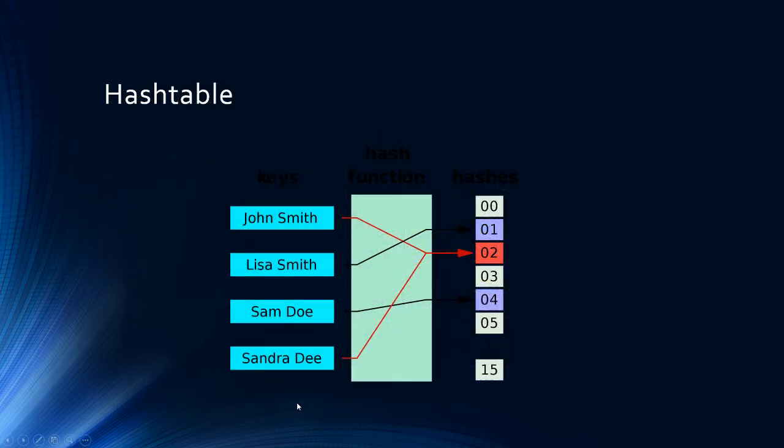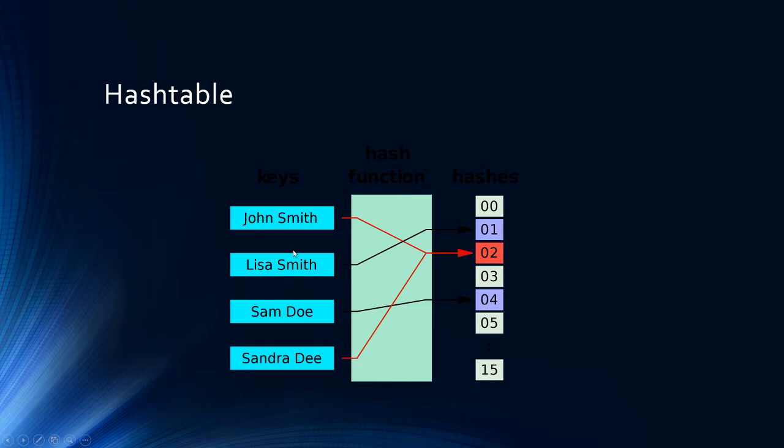Now another data type that can be important to us is called a hash table. A hash table is a creation of a unique key based on string data or some other data. So for example, I have these keys here, people's names, and then I have this hash function that is going to take each of these names and hash through them using its own algorithm, come out with a unique key or a unique number to be identified with this name.